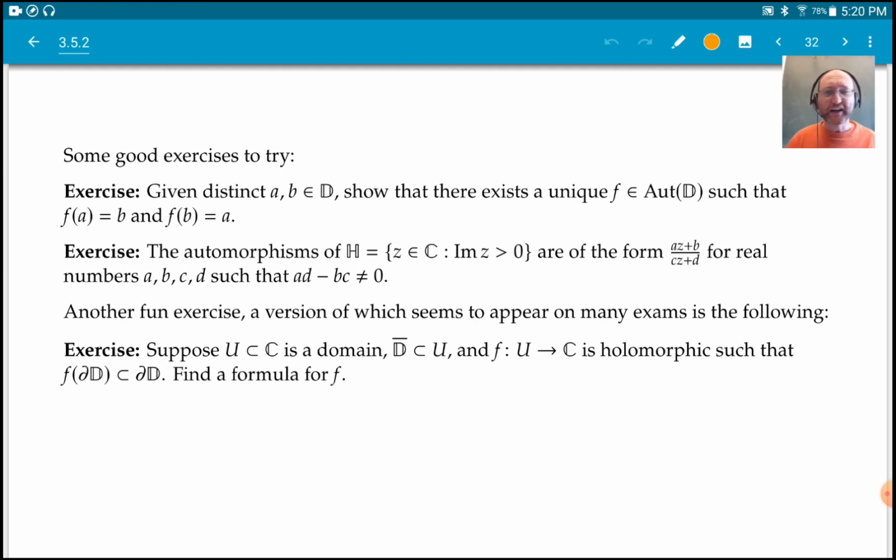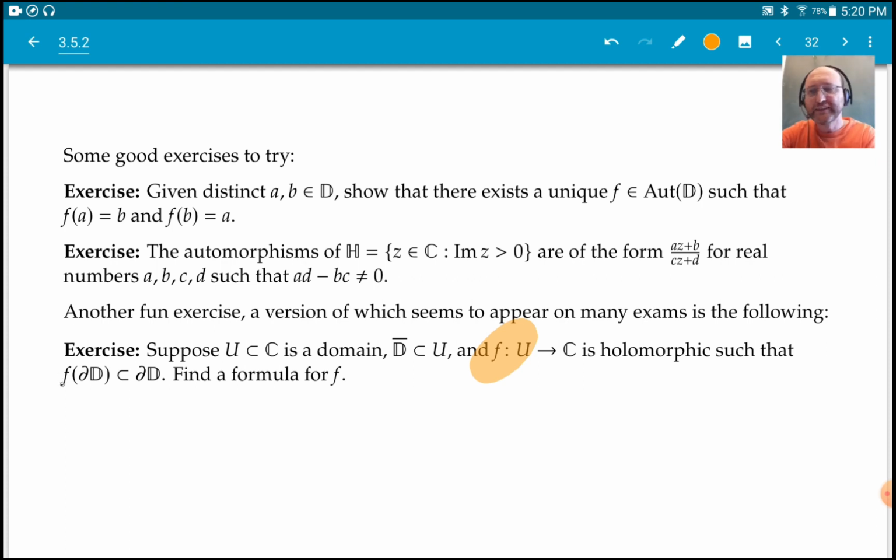There are ways to state this in more generality, but suppose we take some neighborhood of the closed unit disk, and suppose we have a function defined and holomorphic on this neighborhood of the unit disk.